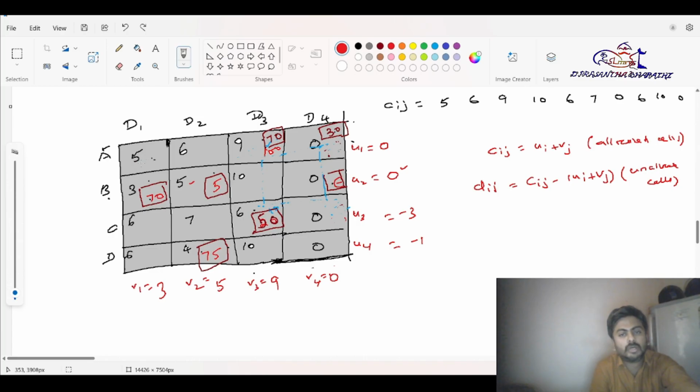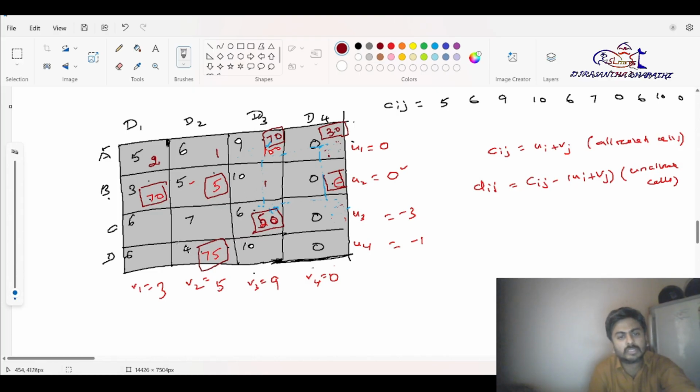From this 5 you have to subtract 3 plus 0, that is 5 minus 3, equal to 2. Then 6 minus 5 equal to 1, then 10 minus 9 equal to 1.